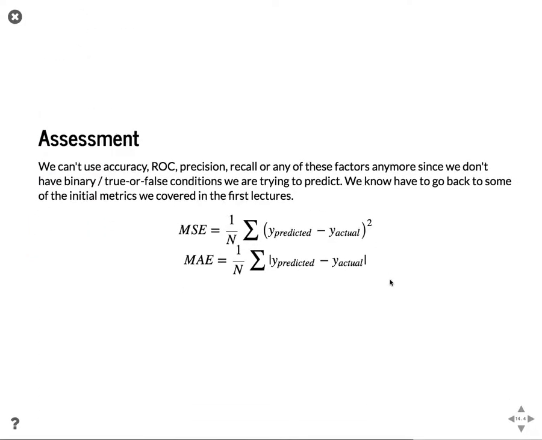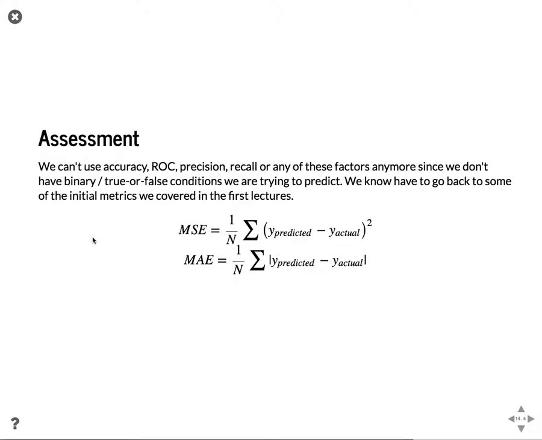So this is really where regression gets very different from classification, and this is potentially the most important difference to understand. When we were doing classification, we were focused on accuracy, and that obviously has no meaning for regression. We're no longer dealing with accuracy. We don't have precision or recall. We don't have ROC curves we can look at and try to optimize.